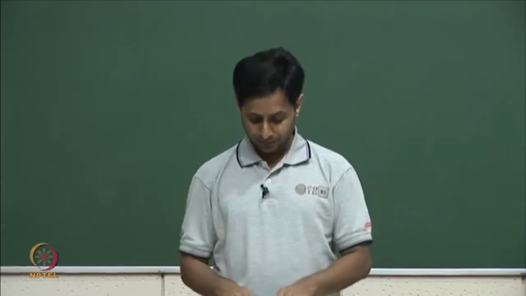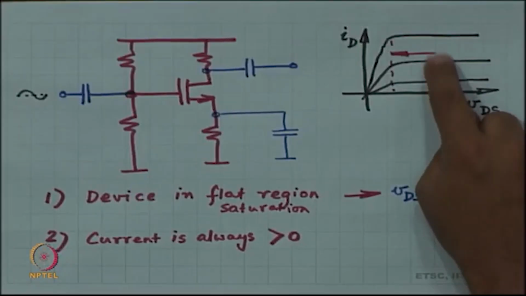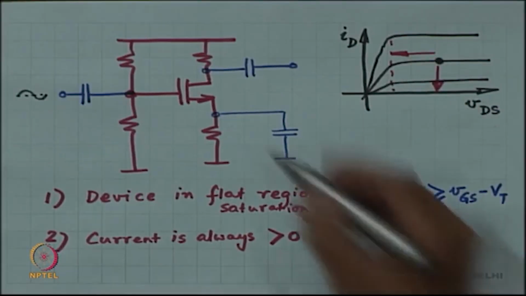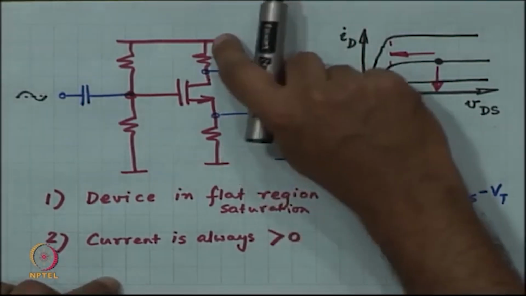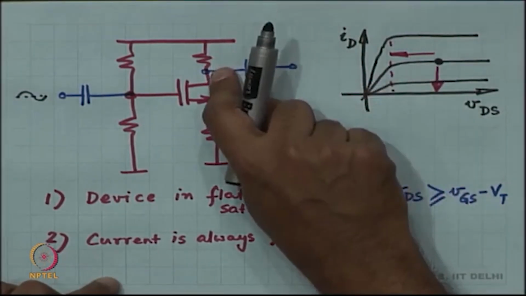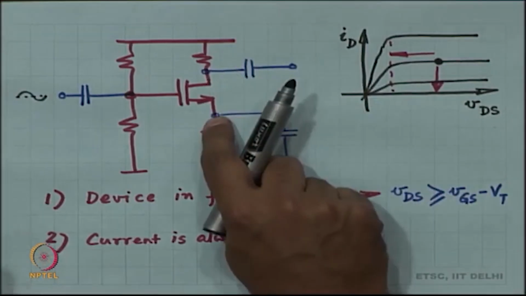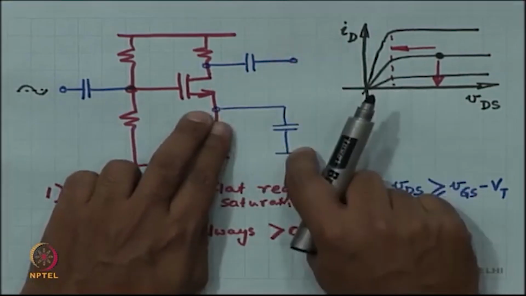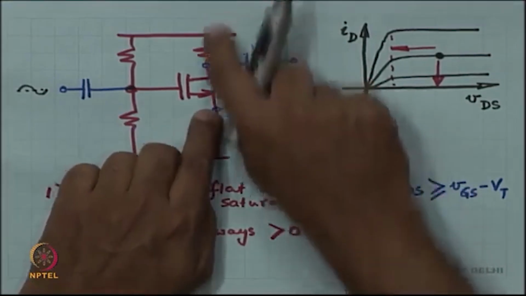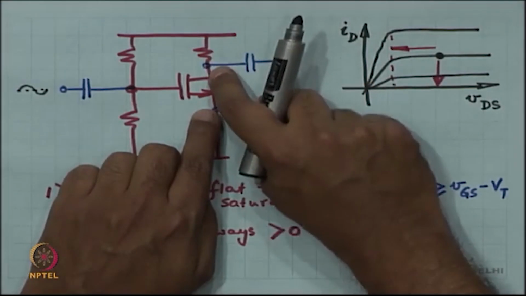If I increase the current too much, then what is going to happen? If I increase the current through the MOSFET, then this voltage is going to drop, this voltage is going to increase maybe if this resistor is there. If this resistor is not there, then it is fine, this voltage is clamped, but the drain voltage is dropping, right.